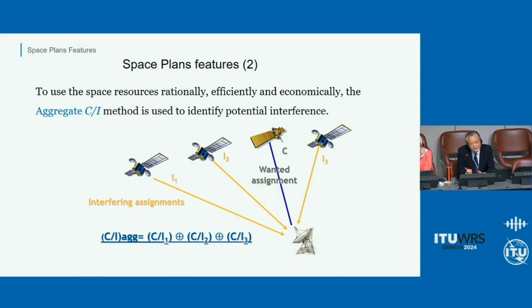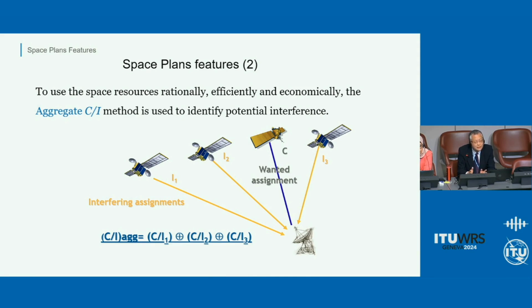If another network comes in, then we have another source of interference to the wanted satellite network. So we see the change of the aggregate C/I value, and how much it has changed. If the change of C/I value exceeds a certain limit, we say interference is caused.